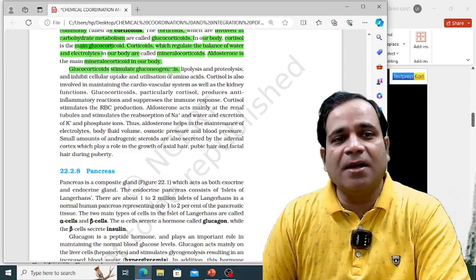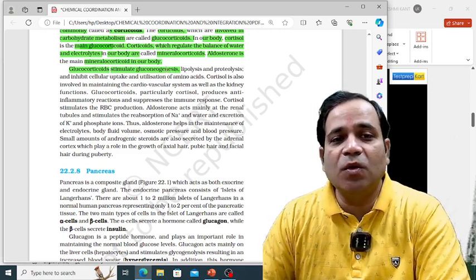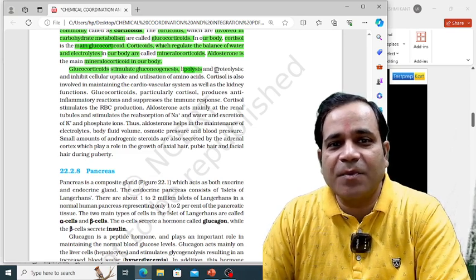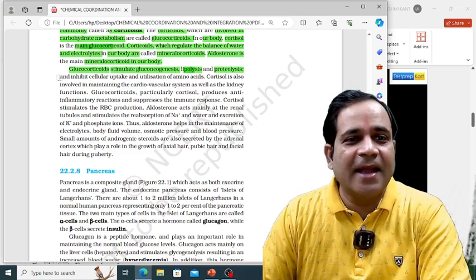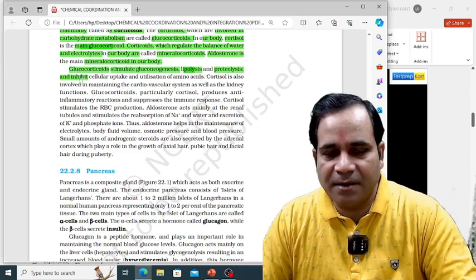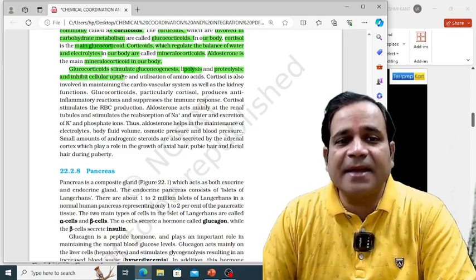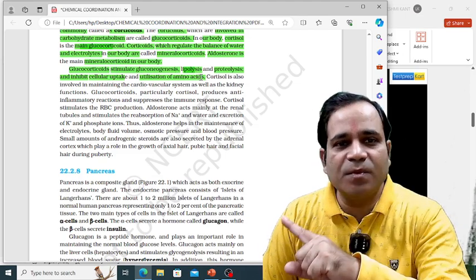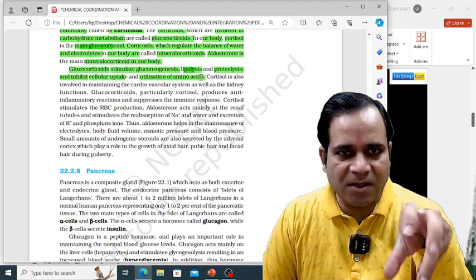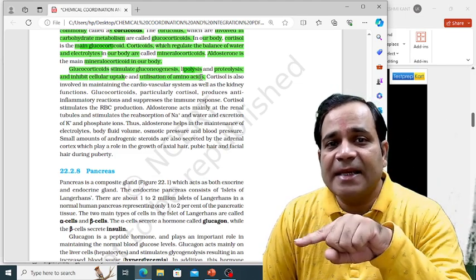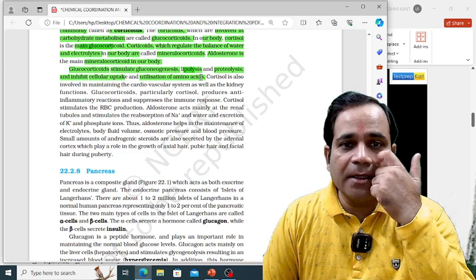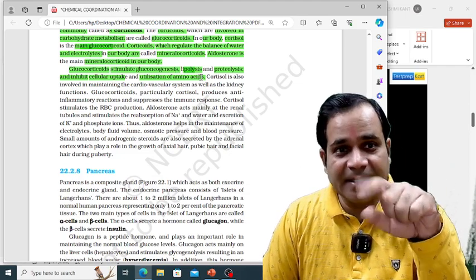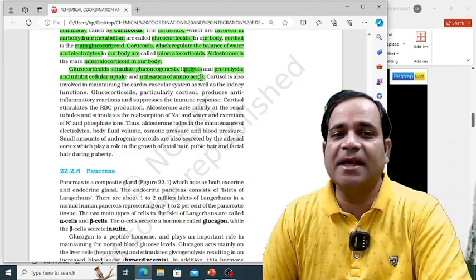Glucocorticoids stimulate gluconeogenesis, lipolysis, breakdown of lipids, and proteolysis, breakdown of protein, and inhibit, meaning reduce or stop, cellular uptake and utilization of amino acids. So they stimulate all these things but inhibit cellular uptake and utilization of amino acids.